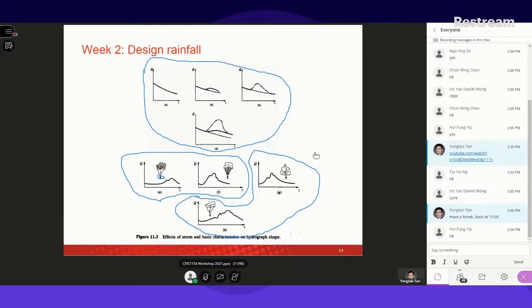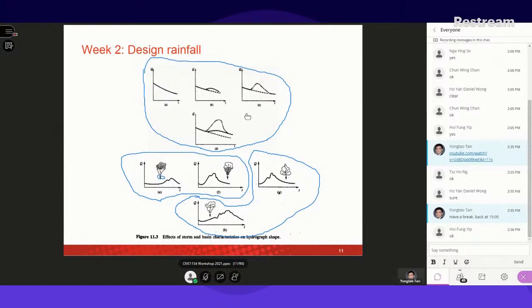Okay. So actually, I spent time to talk about this figure. This figure is helpful to understand the effect of storm and the basin characteristics on hydrograph shape. The curves A, B, C, D illustrate the hydrograph shape of a permanent stream.